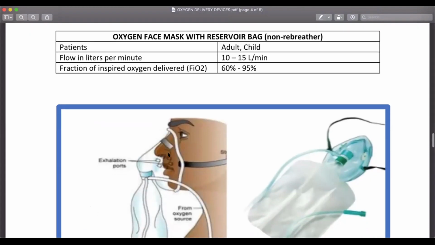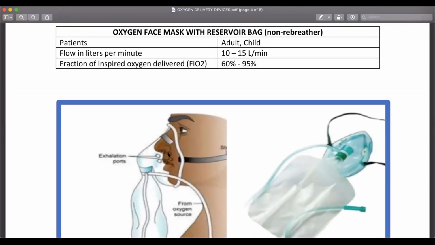This is the oxygen face mask with the reservoir bag. We also call this a non-rebreather. It can be used in both adults and children. Its flows can go up to 15 liters per minute. It's not to be used with low flows, so the lowest flow is typically 10 liters per minute.